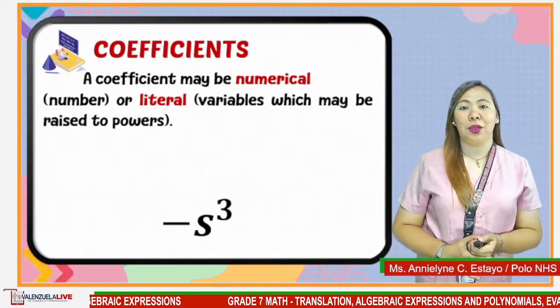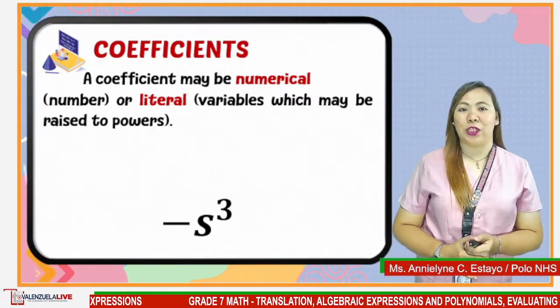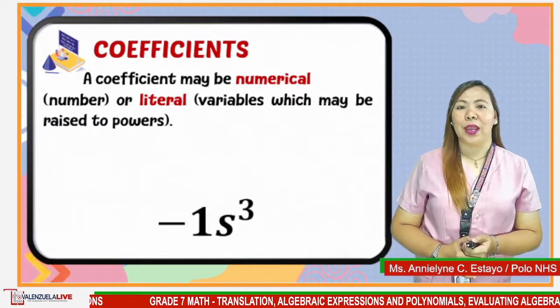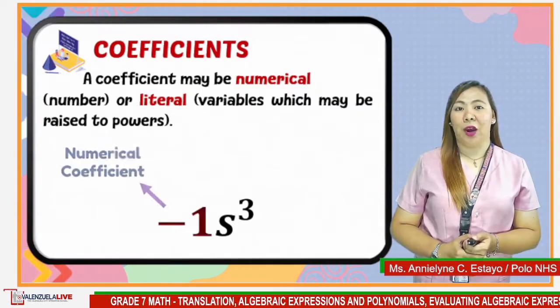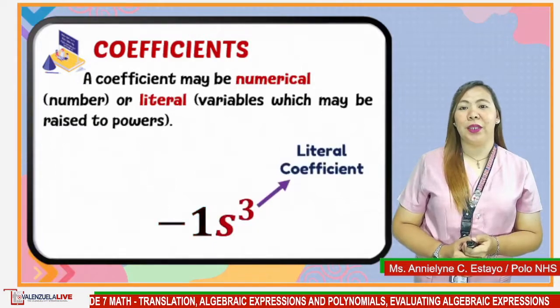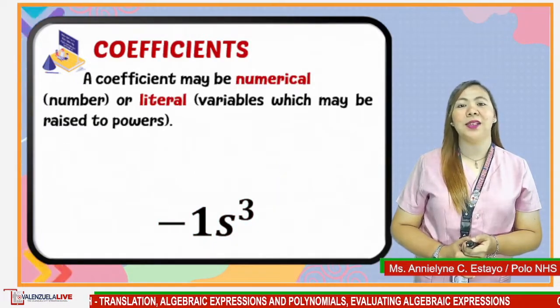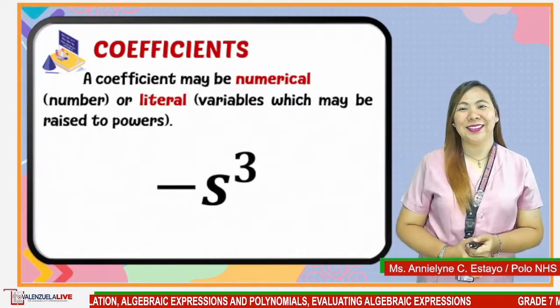There is no number explicitly visible before the literal coefficient. Then we can say that it is 1. So we have negative 1s cubed, where negative 1 is the numerical coefficient and s cubed is the literal coefficient. We simply write it as negative s cubed.